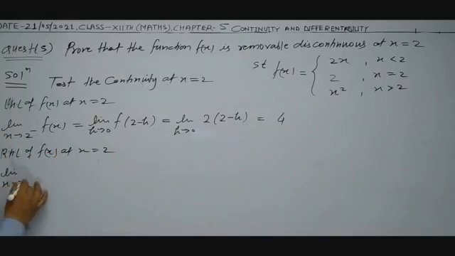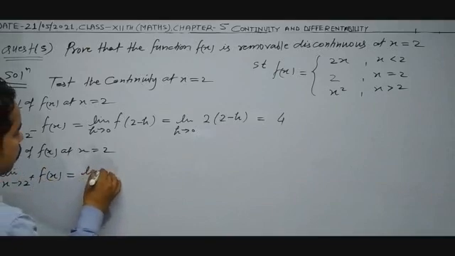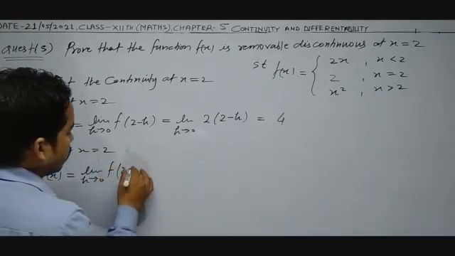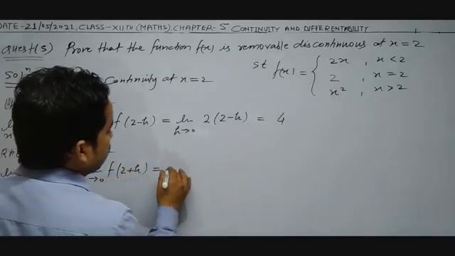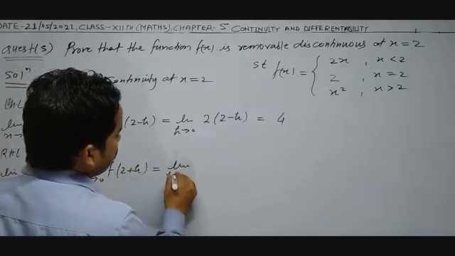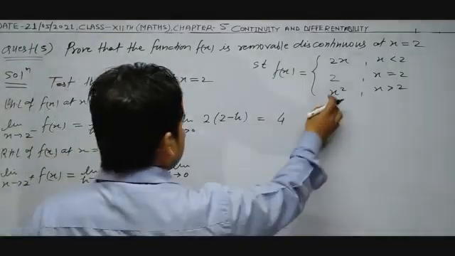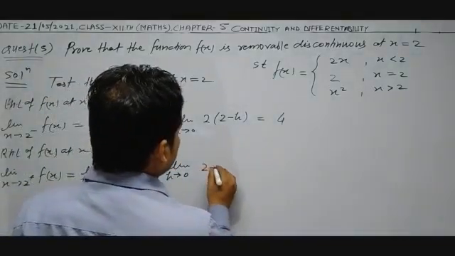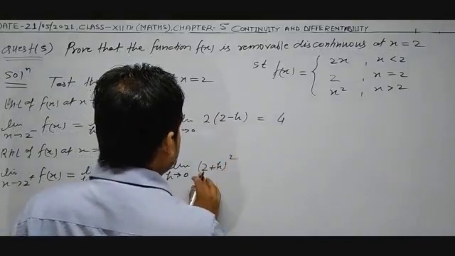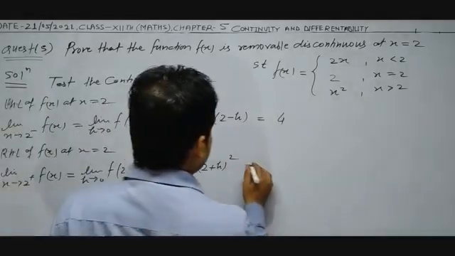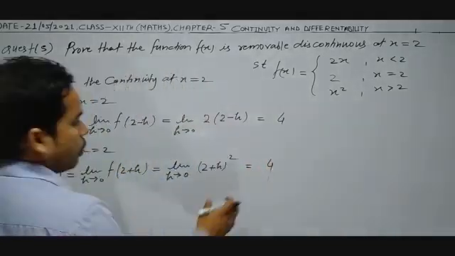So limit x tends to 2 plus f(x) will be limit h tends to 0 f(2 plus h). Limit h tends to 0, 2 plus h means this will be (2 plus h) whole square for the right hand limit, and this result will be 4.